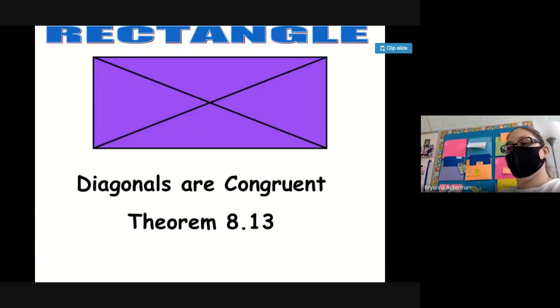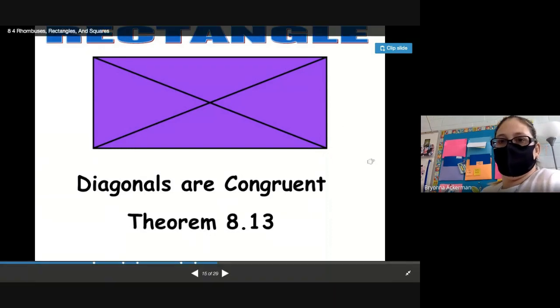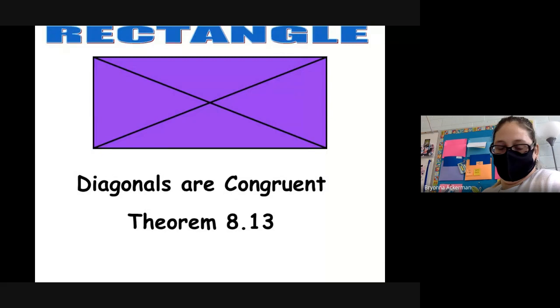So you can either leave 4 blank, or you can write that each half of those diagonals will all equal each other also. Okay. Number 2 was all the angles are right angles.